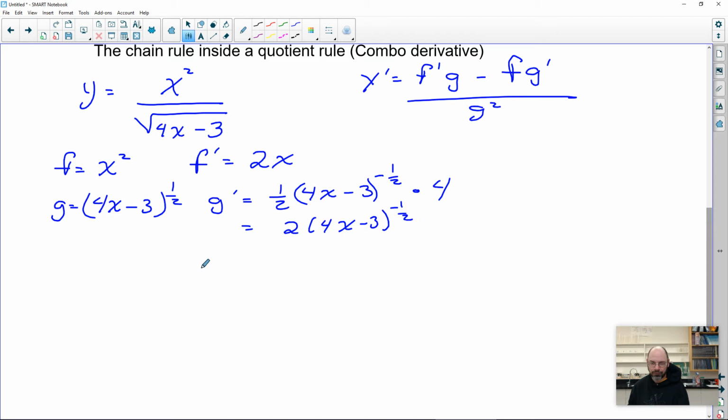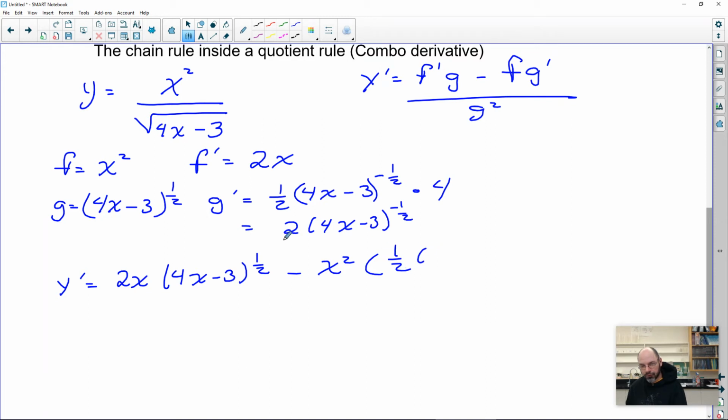Okay, now we're going to write the quotient rule out here. F prime, 2x, g, 4x minus 3 to the power of 1/2, minus f, x squared, times g prime, which is 1/2, sorry, not 1/2, 2.